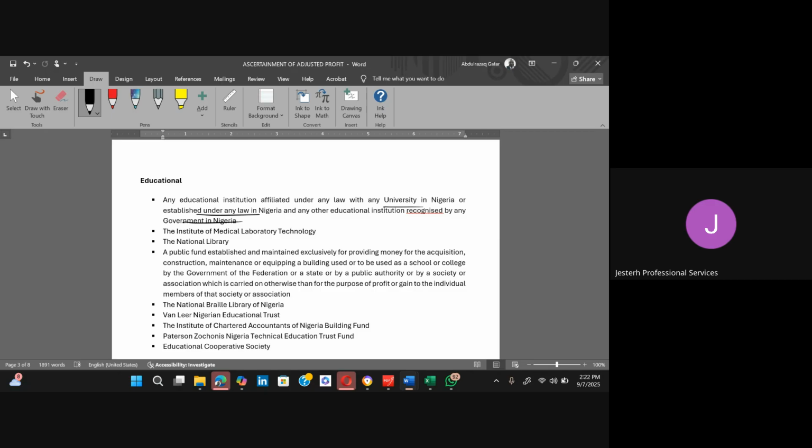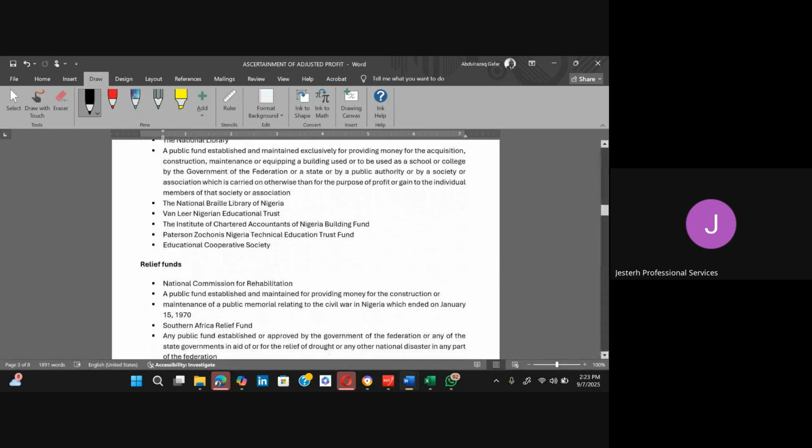So when you have a public fund that is established, sometimes a government may set up a fund that, okay, we want to get a fund to maintain, or we want to acquire schools, or we want to construct schools. So any gain that is made from such fund is also not taxable, provided that gain is meant to cater for the construction and maintenance of such building.